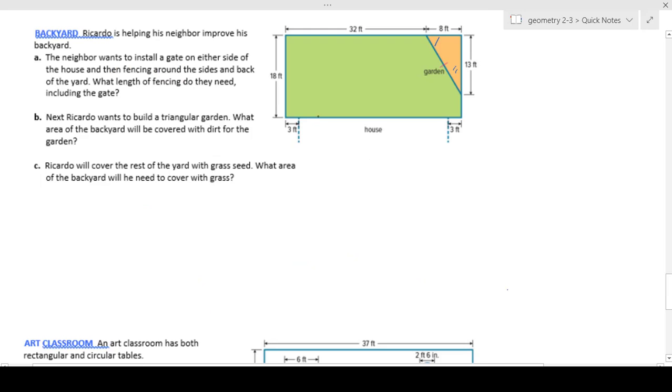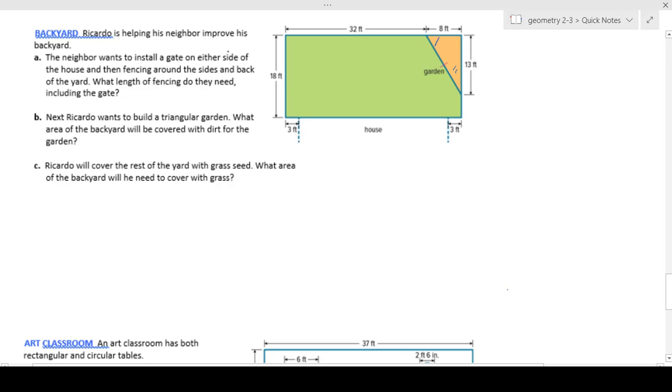Now in this problem, Ricardo is helping his neighbor improve his backyard. The neighbor wants to install a gate on either side of the house and then fencing around the sides and back of the yard. What length of fencing do they need, including the gates?